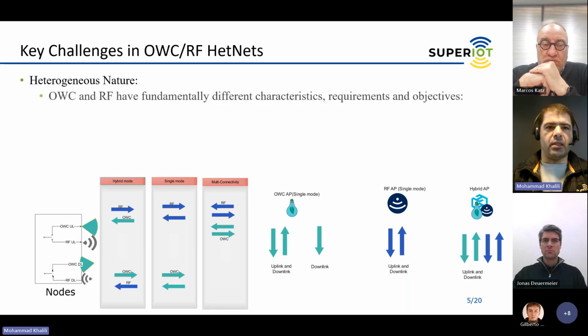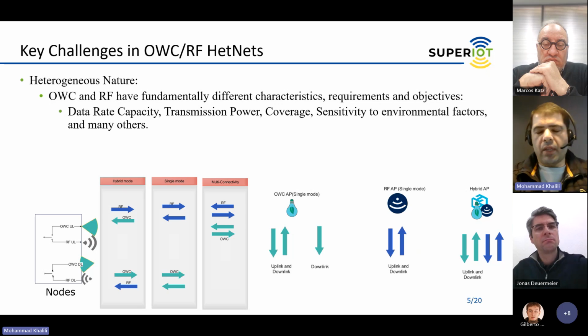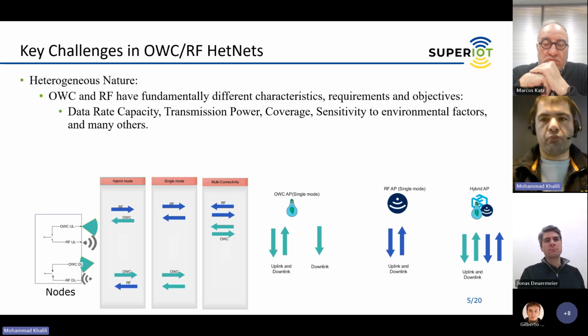And we can see that there is different heterogeneity in this communication. Actually, OWC and RF fundamentally have different characteristics, requirements, and objectives. For example, the data rate capacity of optical wireless communication is much higher than some technologies in RF, but coverage is relatively low when compared to RF.